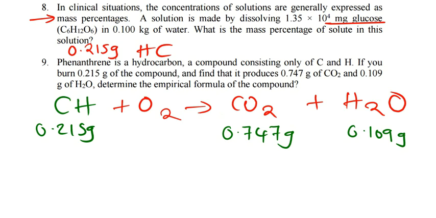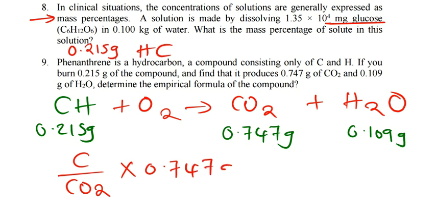So for carbon, it's carbon over carbon dioxide multiplied by the mass. How do we do that? If you look at carbon on the periodic table, don't forget about the molar mass: 12.01 grams per mole.